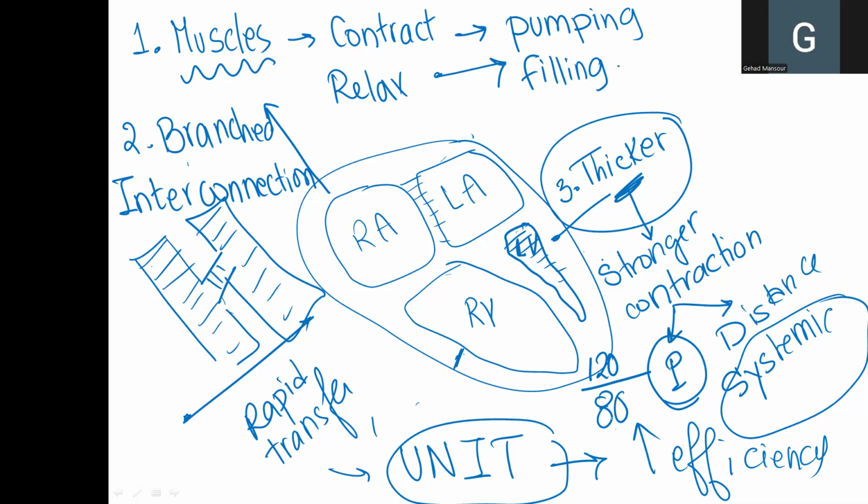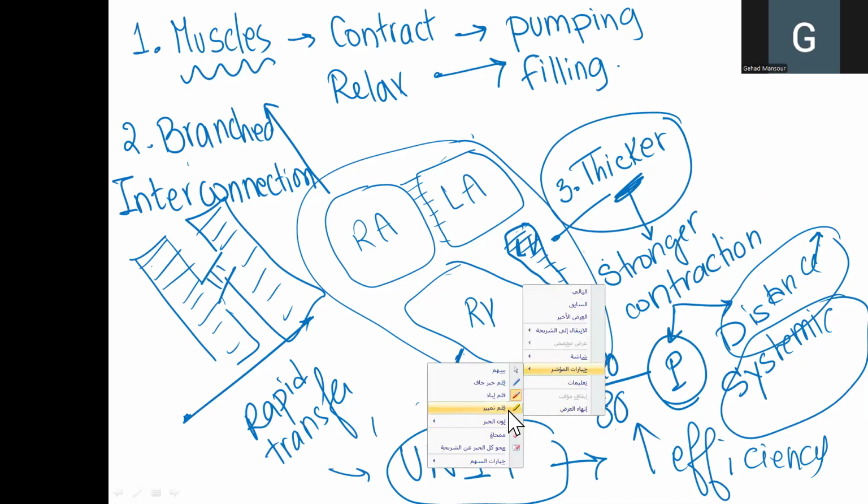This is much higher than the pressure in the pulmonary circulation. The distance is another challenge. I have to have a thicker musculature because I'm pumping blood over the whole body, so I'm pumping blood across a greater distance.